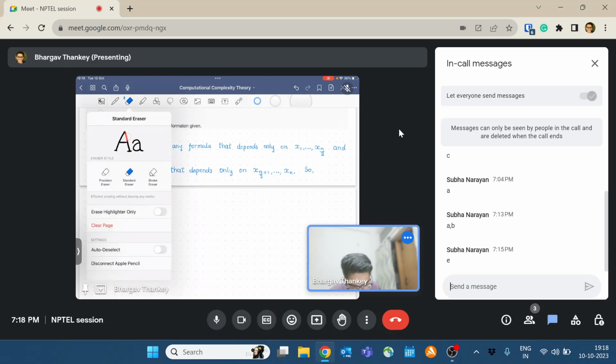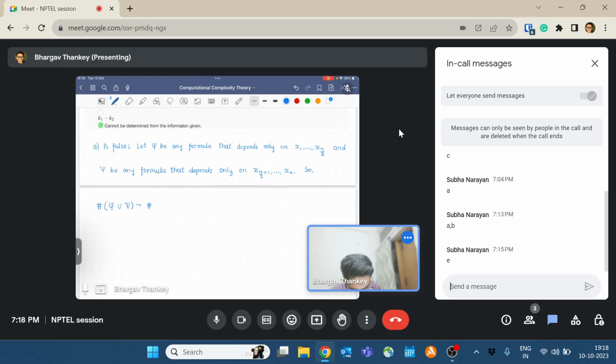Let me just do it like this. This is equal to #phi times 2^(n/2), because there are n/2 variables, plus #psi times 2^(n/2), minus #phi times #psi.